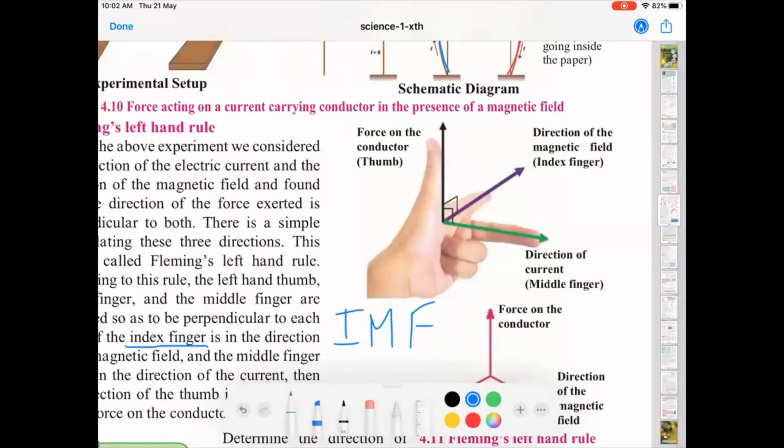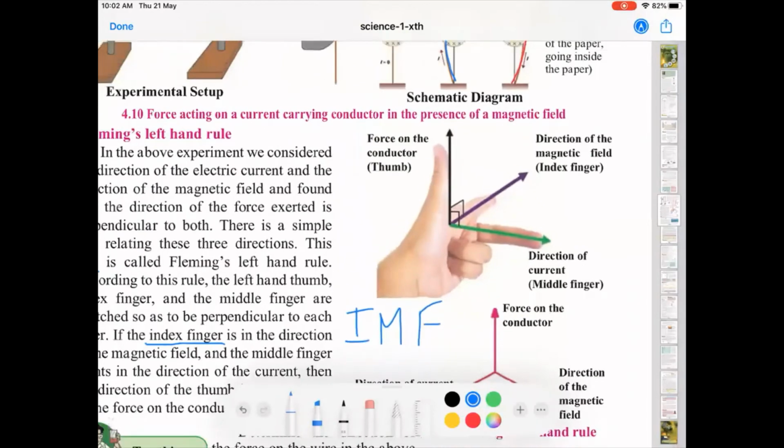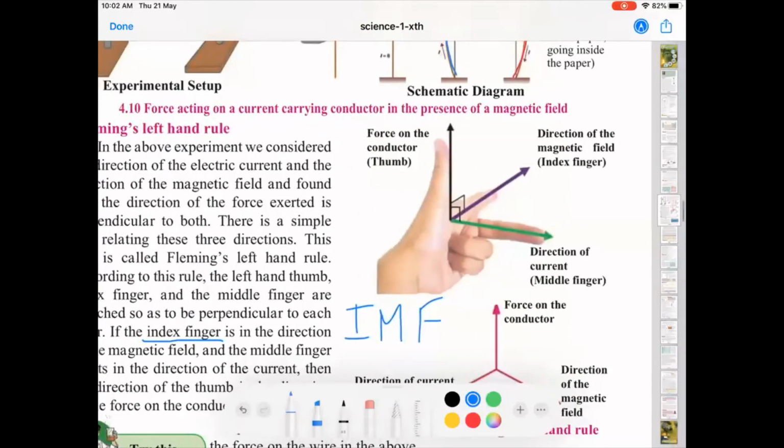When you start the sentence, you start like this: the left hand thumb, the index finger, the middle finger. Correct?